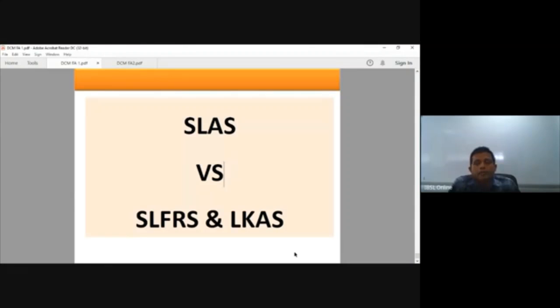Up to 2012, the accounting standards were called SLAS, Sri Lanka Accounting Standards. From 1st January 2012, the names were changed. After 2011, all the Sri Lanka Accounting Standards were renamed as Lanka Accounting Standards, LKAS, or Sri Lanka Financial Reporting Standards, SLFRS.